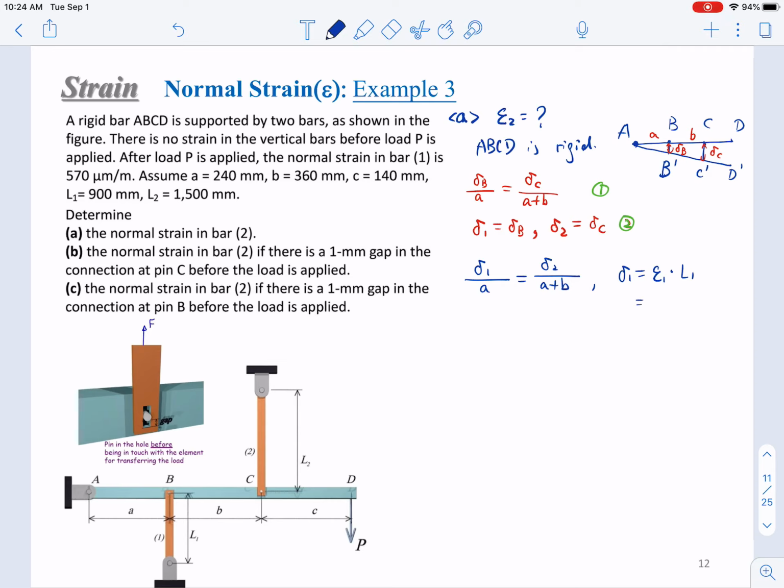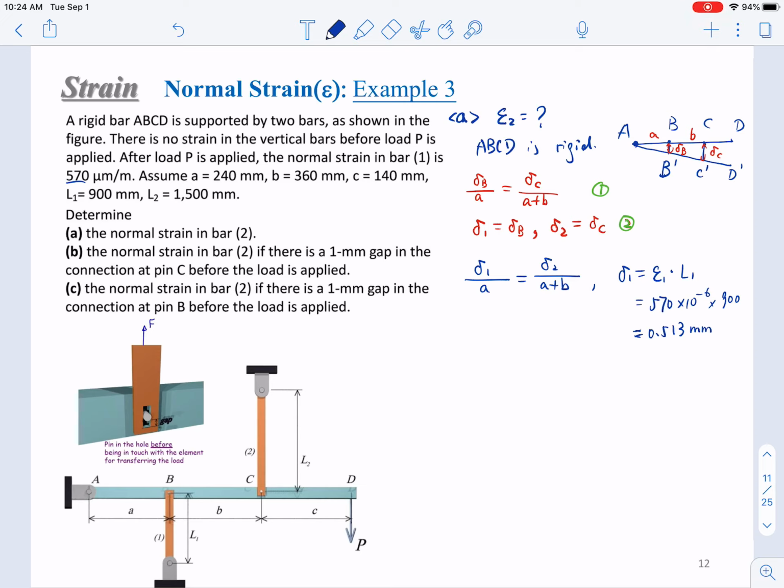Epsilon 1 here is 570 microstrain times L1. L1 is 900 millimeter. So this will be 0.513 millimeter.